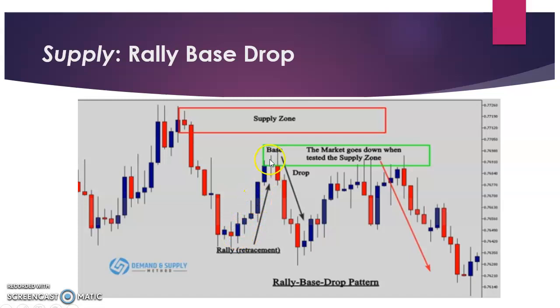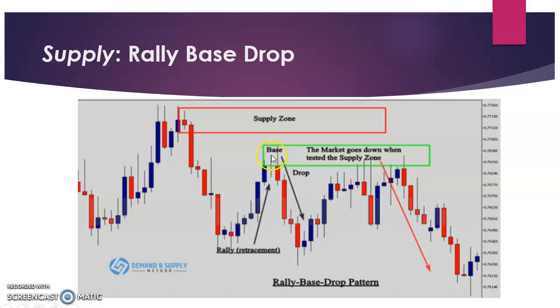Now, as you can see, price rallies up again. Look at this small bodied candle. It rallied up again, but before it touched the supply zone, there's another huge drop to the downside. This doji candle before the big movement began again is going to be another point of interest.